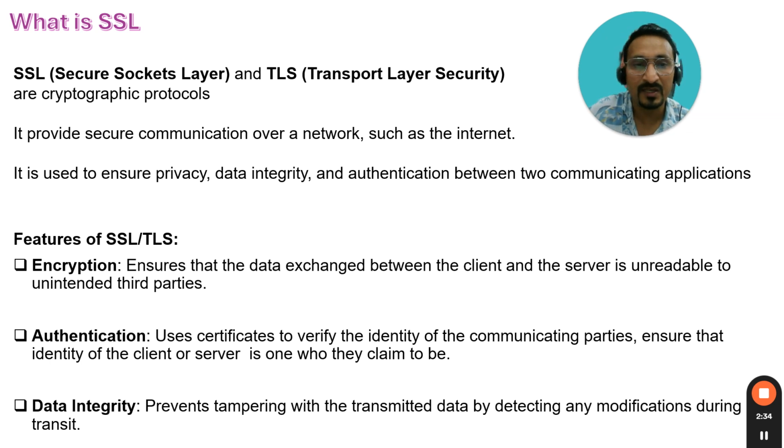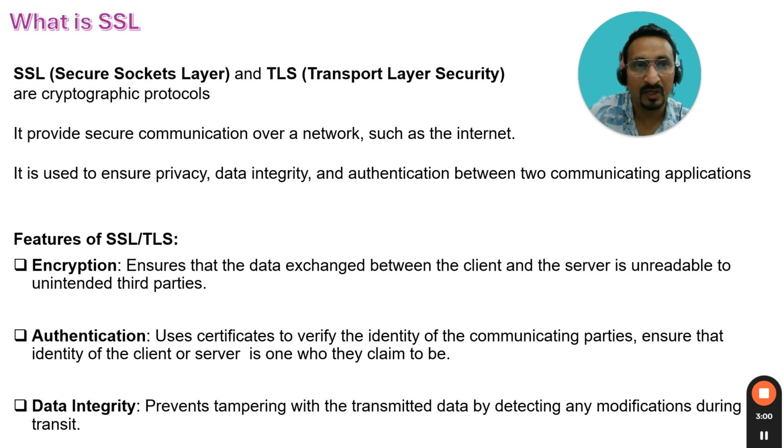Okay, next is authentication. Now when you try to communicate with the server, you should know who your server is. The person with whom I am communicating should be the intended participant or not. So basically SSL helps me to identify the intended participant.